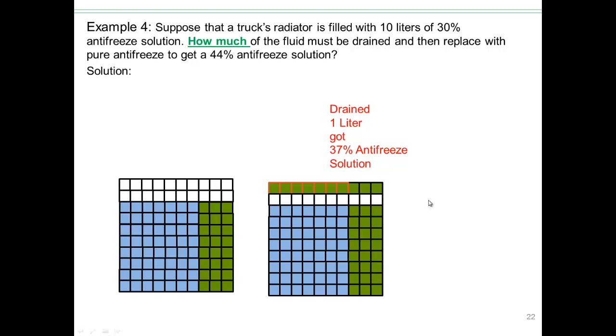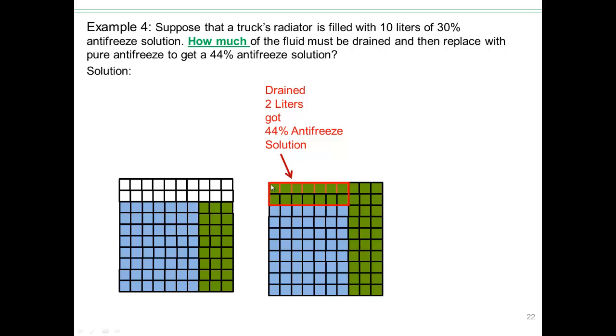Okay, what if you drain another liter and replace that with pure antifreeze? Well, what happens? That means you got 7 more boxes, and so a total of 14, because all of these 6 boxes right here just made it 30% plus 7 from before, and these new 7s total 14 out of 30. So that means 44% antifreeze.